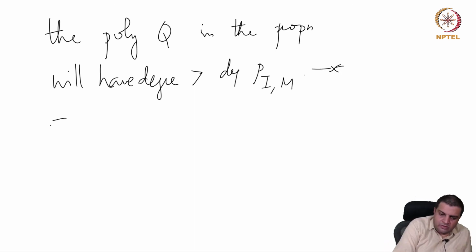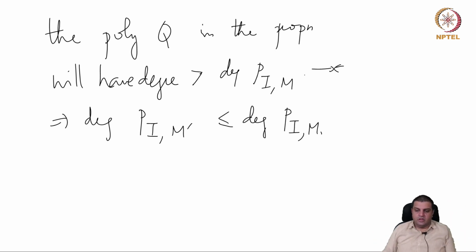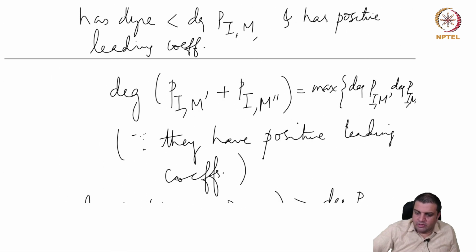So in other words, degree of PIM prime is less than or equal to degree of PIM, because the other one is anyway smaller. The max of this is less than or equal to this.